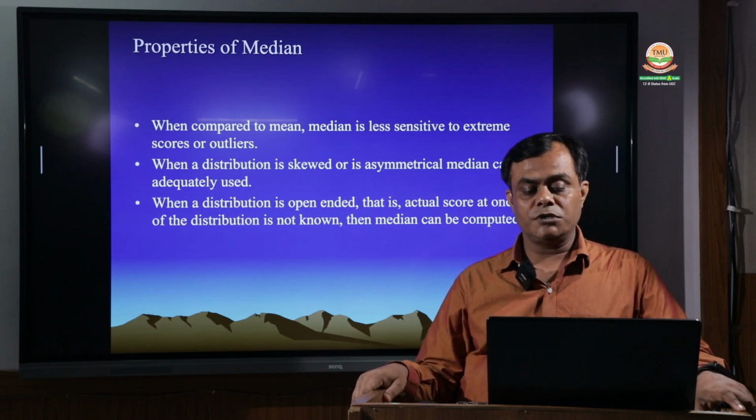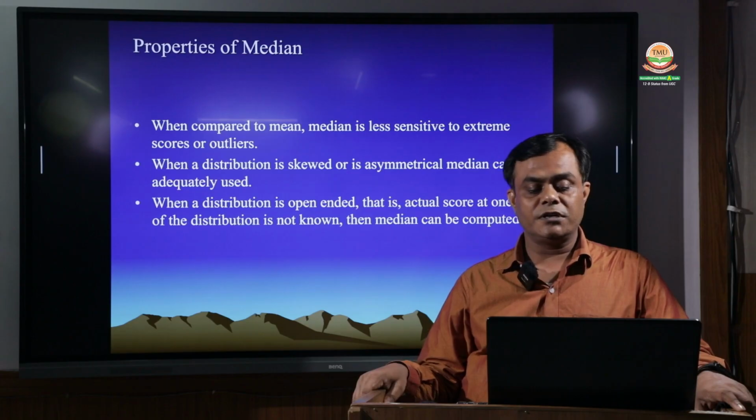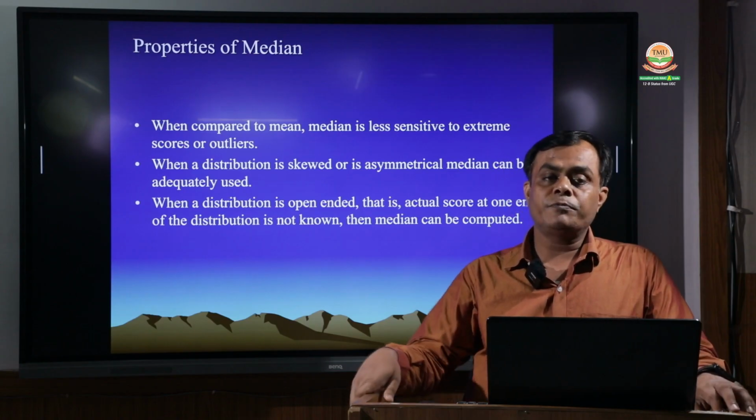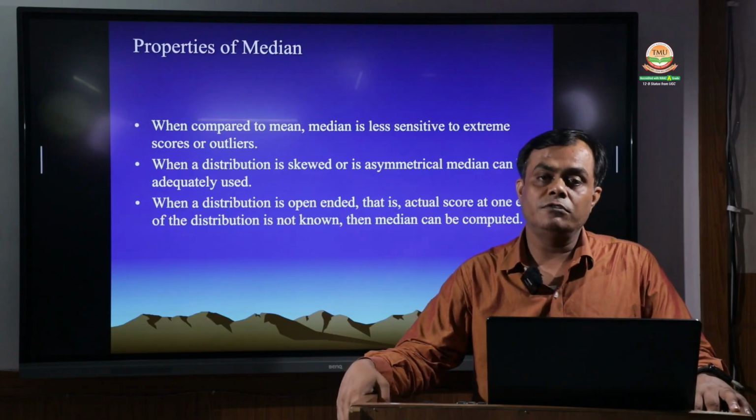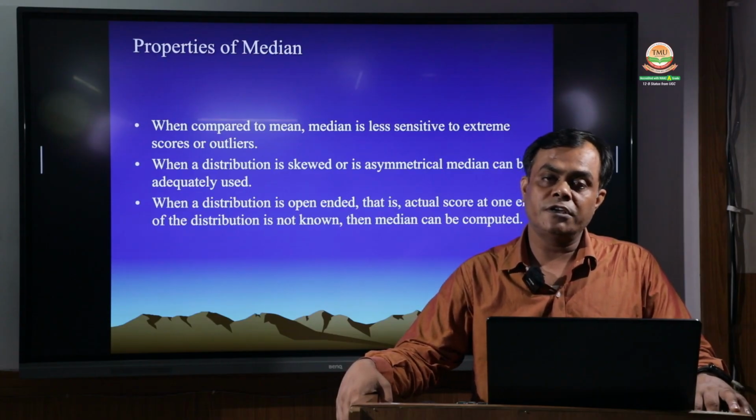When a distribution is skewed, the median can be adequately used. So if the distribution is skewed, we can calculate the median, but we cannot calculate the mean value.